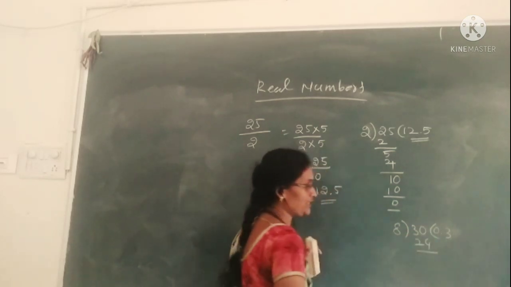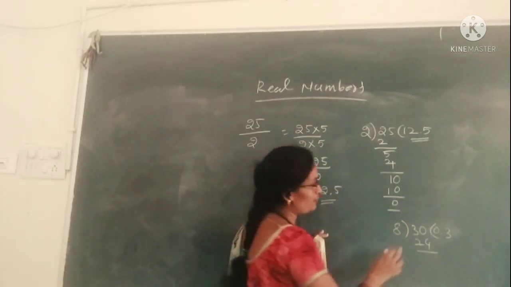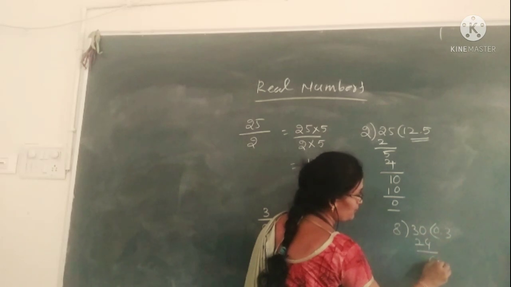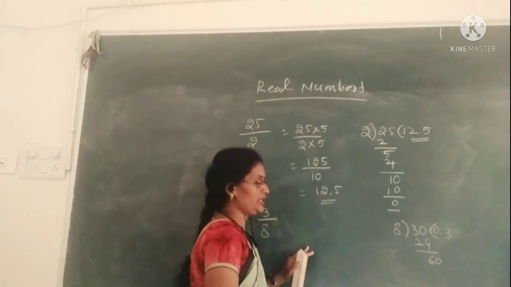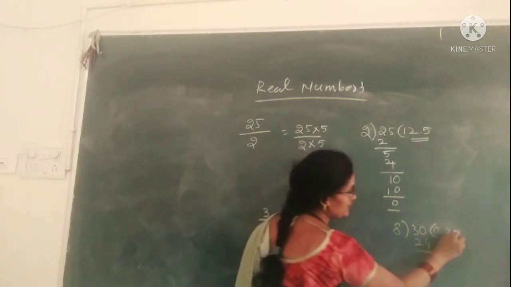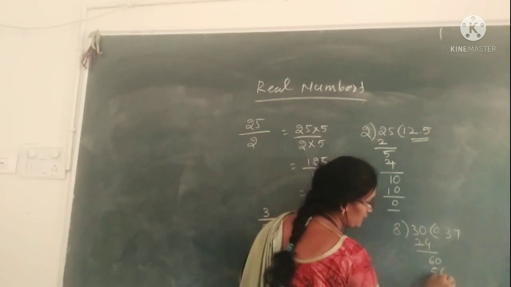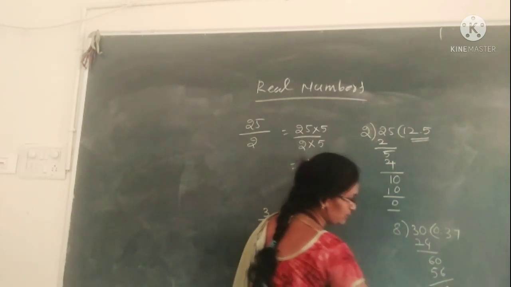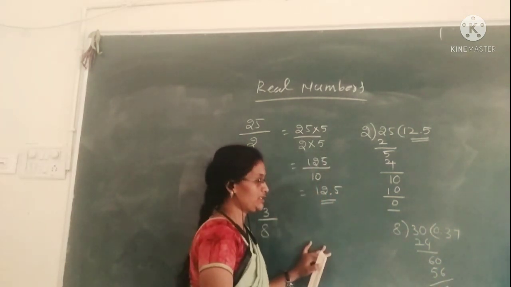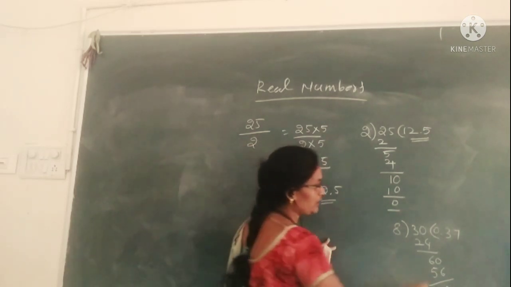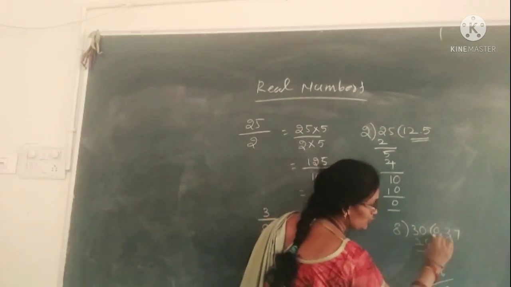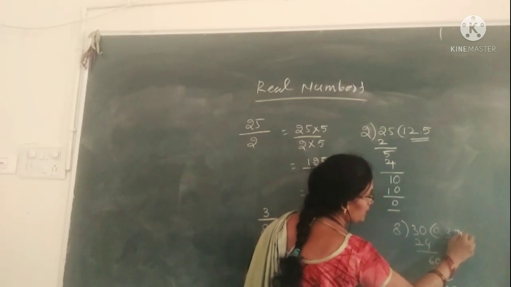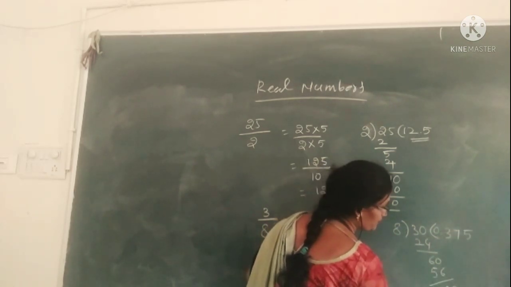Subtract 30 minus 24, and we get 6. We put a 0. 8 sevens are 56. Subtract 60 minus 56, and the remainder is 0. Then 8 fives are 40.